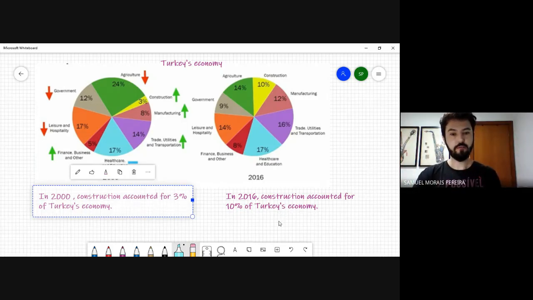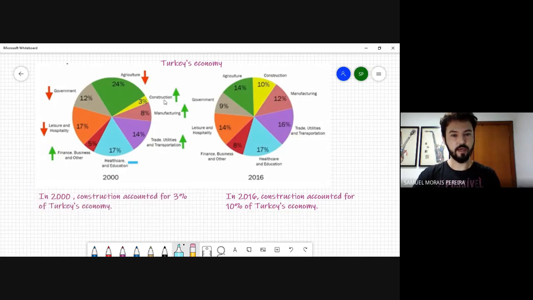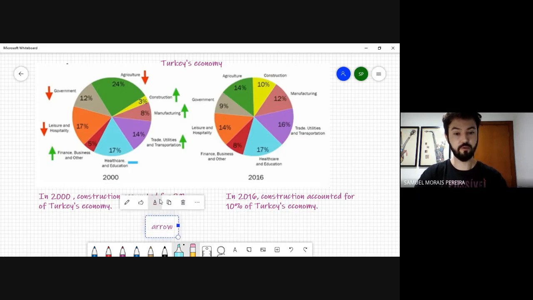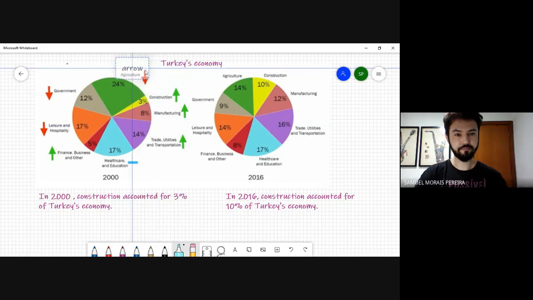Okay, now pay attention to these arrows I have here. I have this green arrow pointed upward, and I have this red arrow here pointed downward. Samuel, how do I say seta in English? Arrow. Então, ó, arrow é como eu falo seta, tá bom? E eu tenho aqui dois tipos de seta.